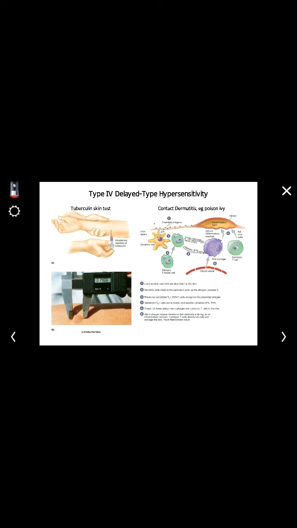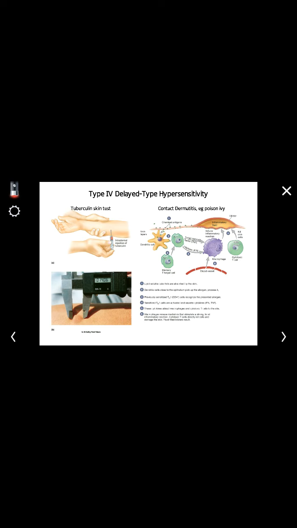So they put lipid-soluble catechol into the skin, and dendritic cells close to the epithelium pick up the allergen and process it. Th1 CD4 cells recognize and present that allergen to your macrophage. Sensitized Th1 cells are activated and secrete cytokines.